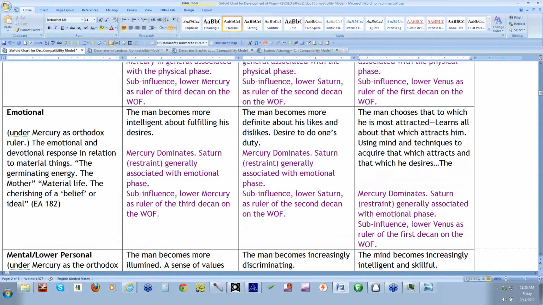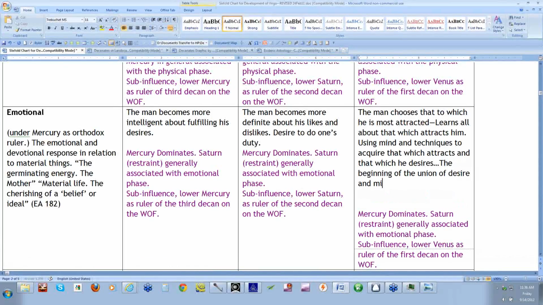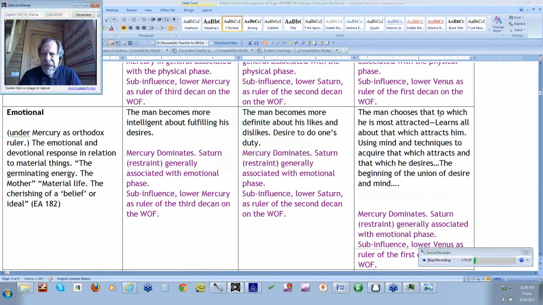The beginning of the union of desire and mind. Because we are in an emotional stage, desire is reigning, and yet the intelligent Mercurian mind is there.